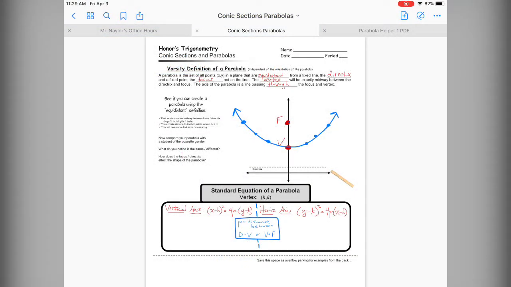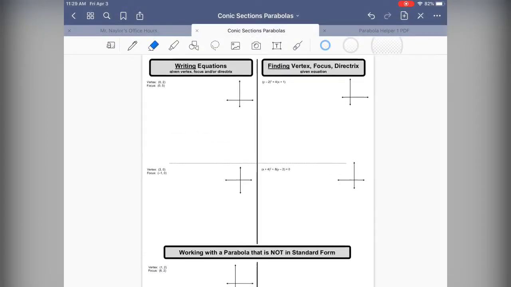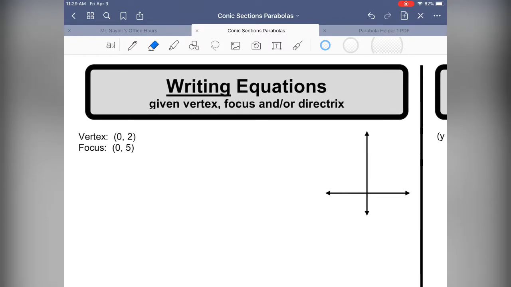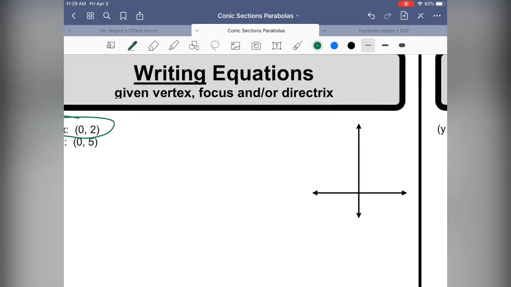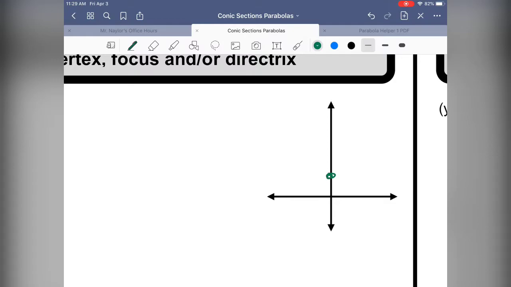All right, so let's flip the paper over and dig a little deeper into starting to use these equations. We find out that the first thing we want to do is try to write an equation. And I really like to use a visual approach on these problems, and I find that students do also, because as soon as you start sketching some things that are easily determined here to be true, like that your vertex, of course, it's given to you that it's at (0, 2).